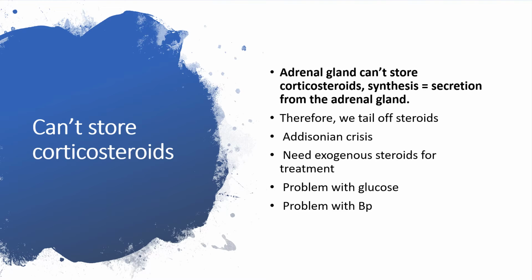It's not stored. So that is the reason when the adrenal gland is in trouble, we need exogenous steroid for treatment. And the same reason why there will be problems with glucose and with blood pressure.